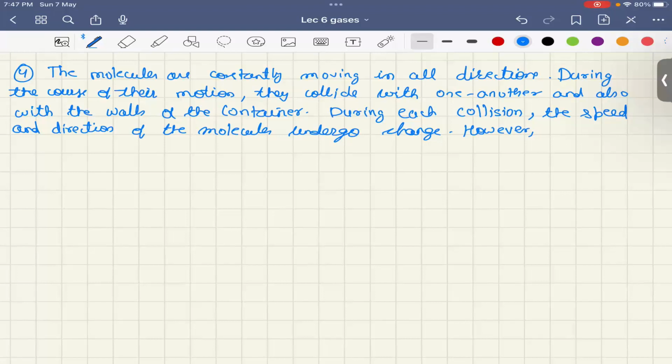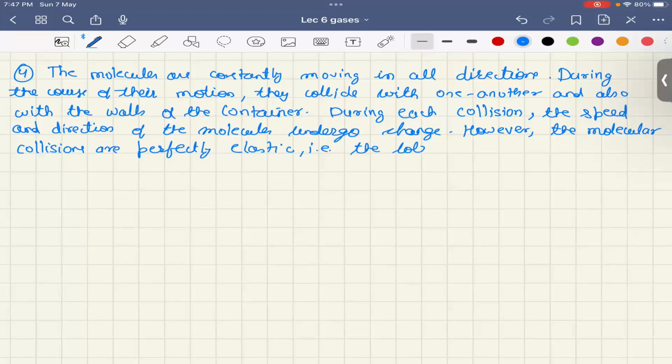However, the molecular collisions are perfectly elastic. That is, the total kinetic energy remains constant.